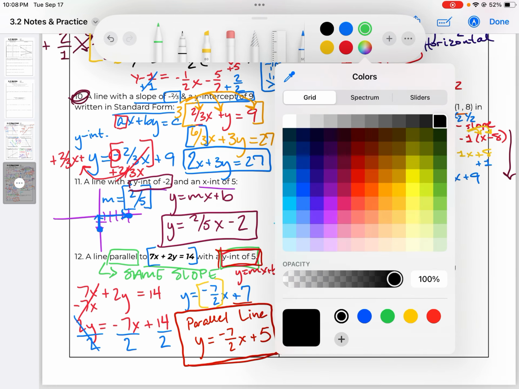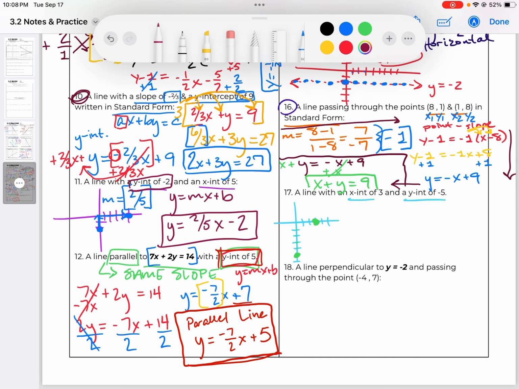And between those points, I can find their slope. I go up 1, 2, 3, 4, 5, and I go right 1, 2. So rise is 5, run is 2. That is my slope. I know the slope and I know the y-intercept because it's given. So it would be y equals 5 over 2x minus 5.